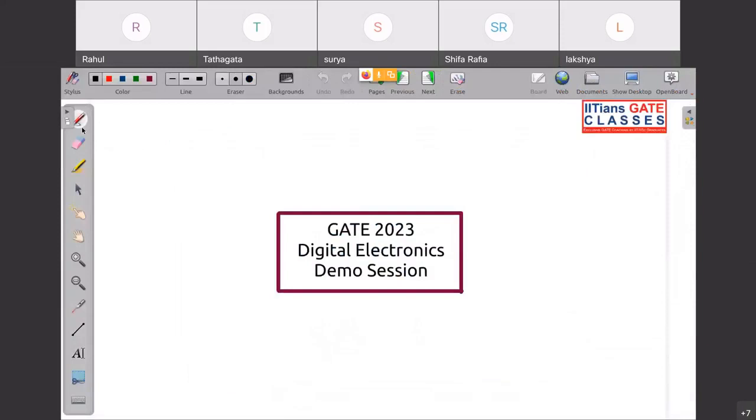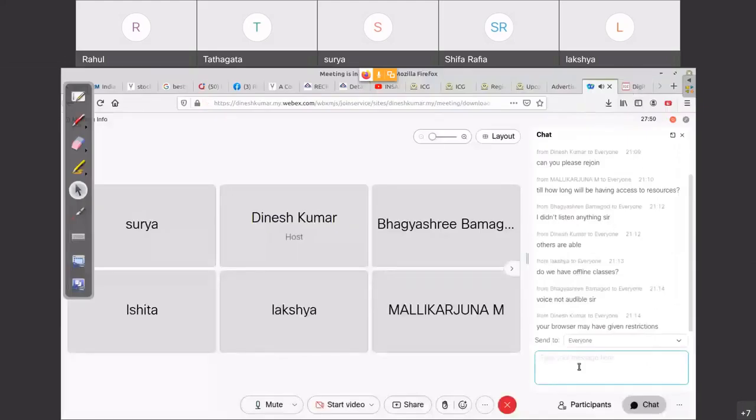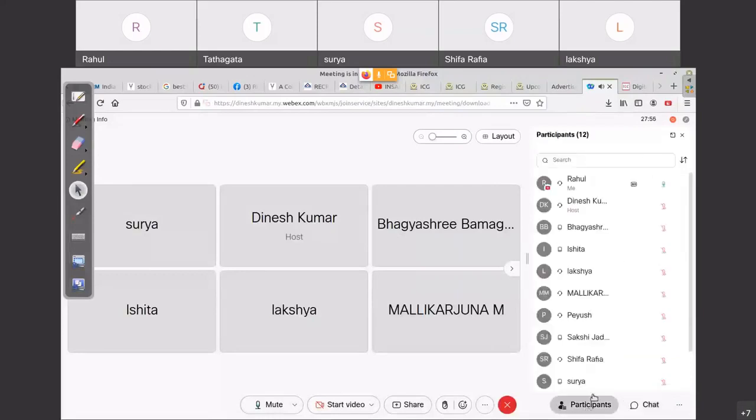So digital electronics, as we know, is common to computer science, electrical, EC, and even instrumentation. I would like to know how many of you are from computer science, electrical, EC, double E, and instrumentation. Anyone from instrumentation? I know one guy who told Tathagata he wants to appear for computer science.